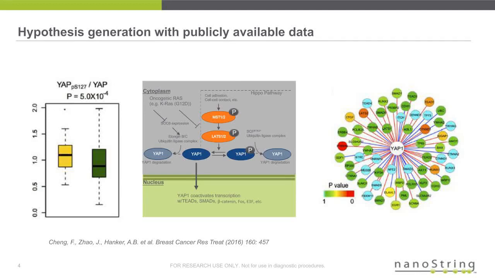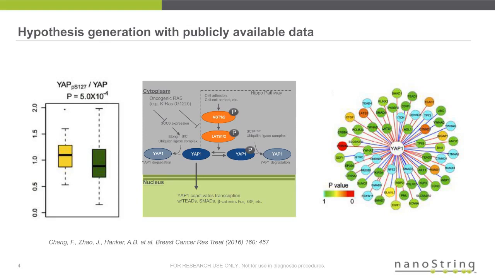So just as another example of looking at both RNA and protein, this is a paper that was published in 2016 looking at HER2 resistance in breast cancer. And they took an approach using publicly available data where they looked at data from TCGA, both reverse phase protein array data looking at, in this case, phosphorylation of YAP, which is part of the Hippo tumor suppressor pathway.